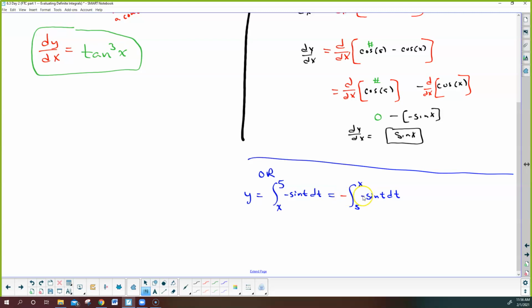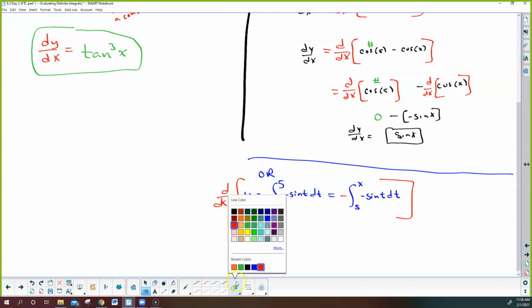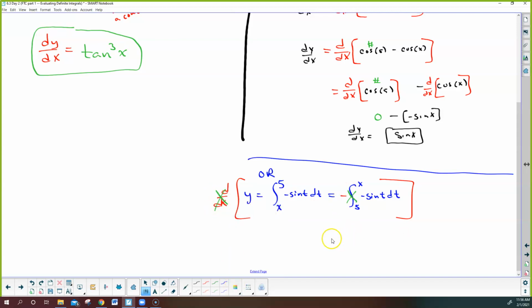Now notice that negative and this negative, you could reduce those right away and get a positive answer if you wanted to. Okay? But there's a fast rule now that says if I want to take the derivative of this whole thing, well, this derivative is going to reduce out with the integral, and what's left over is this value plugged in.